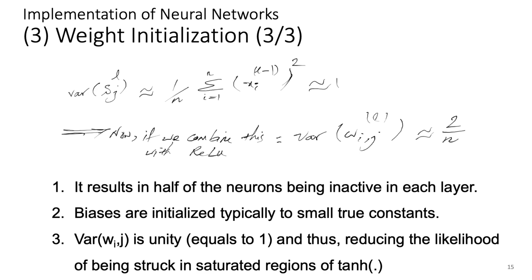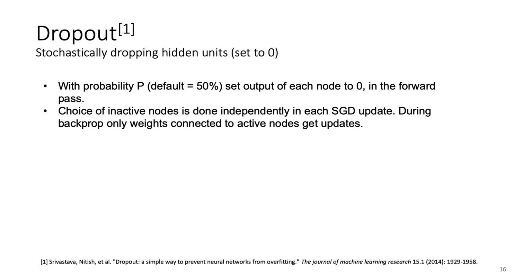Okay, and one last thing is dropout, which was proposed by Geoffrey Hinton and his collaborators in 2014. That's a paper. It has a very simple idea. You might have heard of the word dropout. We just stochastically drop hidden units.